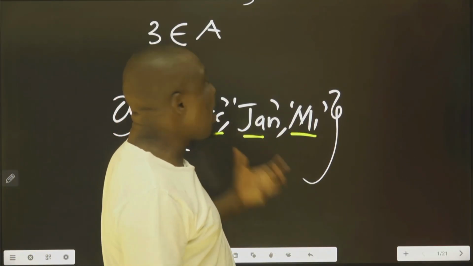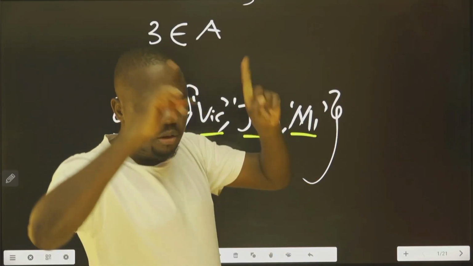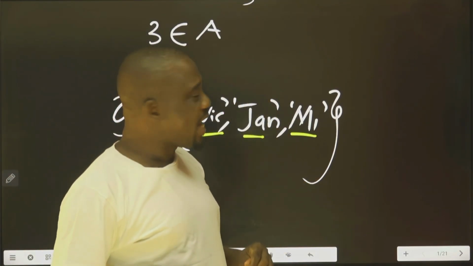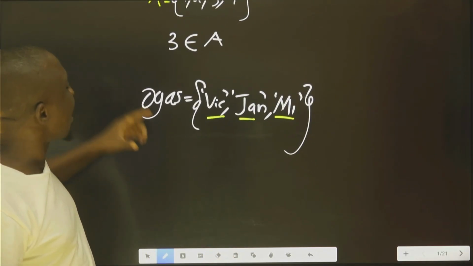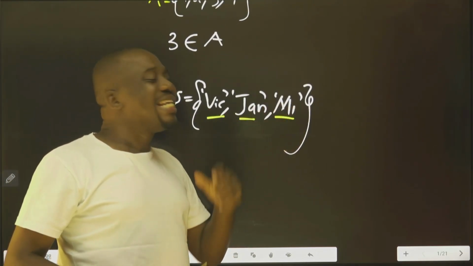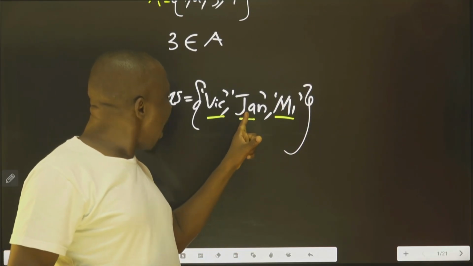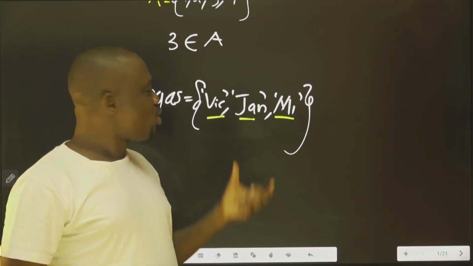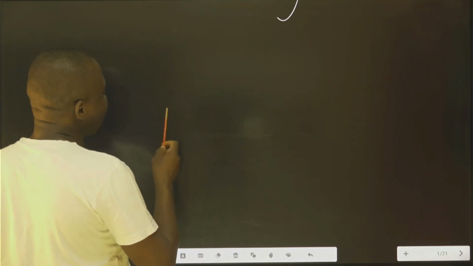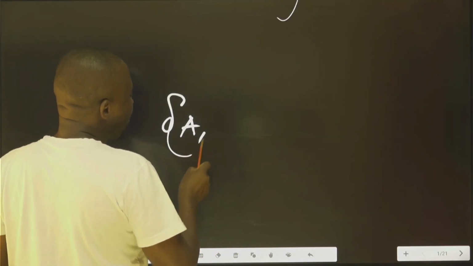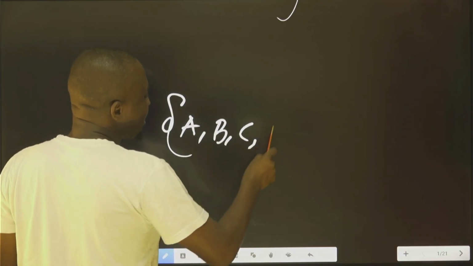And when it's a string, you must put what? Quotation marks. So this is the family of August, and these are the elements. So you are part of August. So this is a set. A set of alphabets: say you put A, B, C, D.